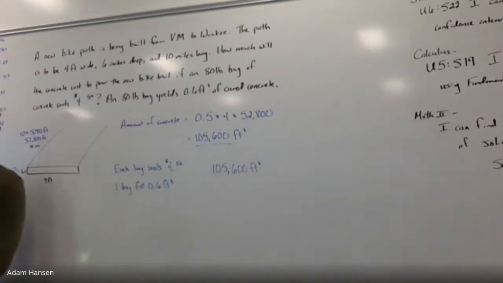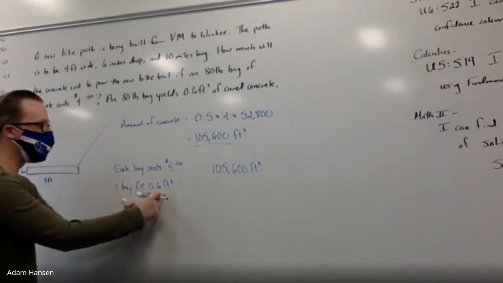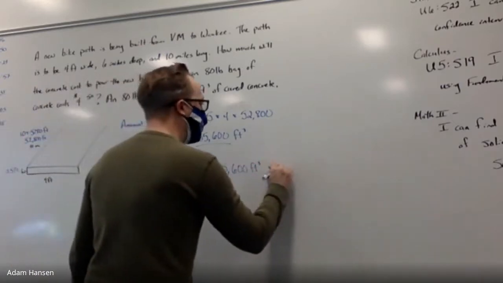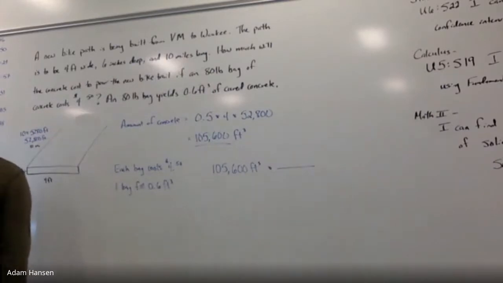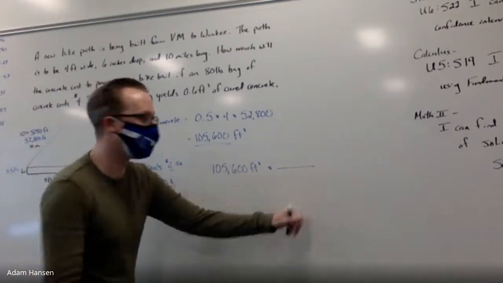Let's figure out how many bags I have to buy. I'm going to multiply by this conversion factor: 1 bag equals 0.6 cubic feet. I want to cancel out cubic feet and convert this to the number of bags I have to buy. If I'm multiplying these together, and I want to cancel out cubic feet, the cubic feet number needs to be on the bottom.